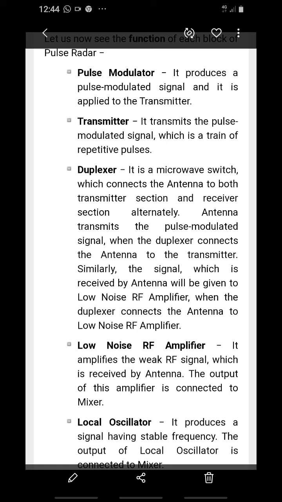Duplexer. It is a microwave switch which connects the antenna to both the transmitter section as well as the receiver section alternately. The antenna transmits the pulse modulated signal when the duplexer connects the antenna to the transmitter.